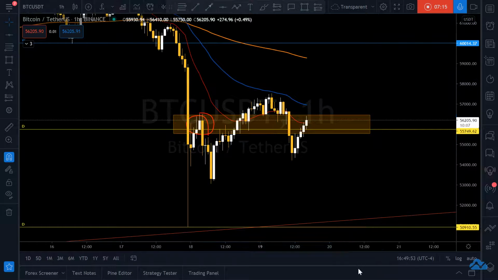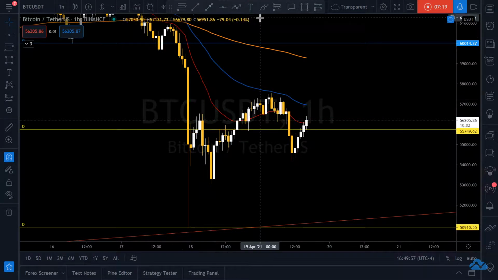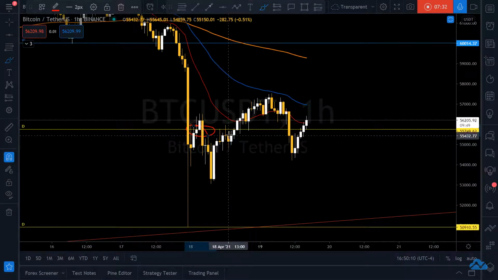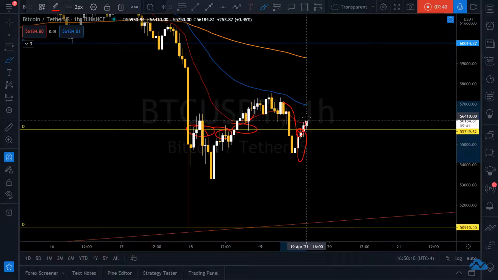Keep that in mind. So we have a test of this zone as resistance here, breaks through, resistance again, then support, breaks through, and then resistance, and then we break through again.